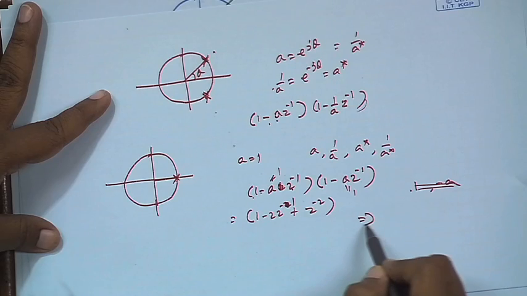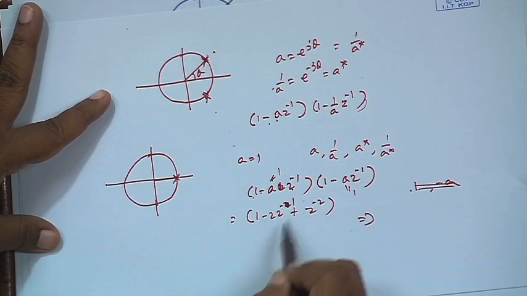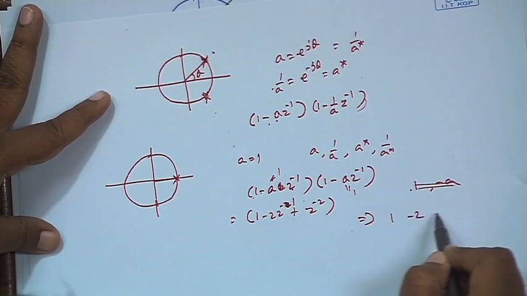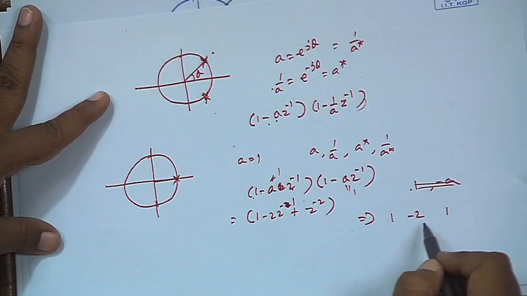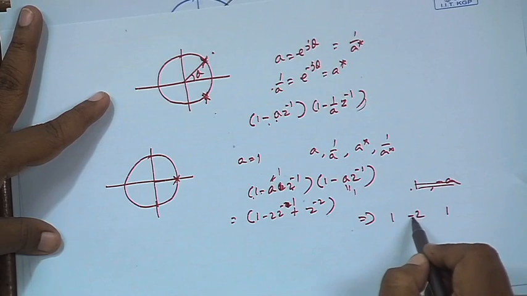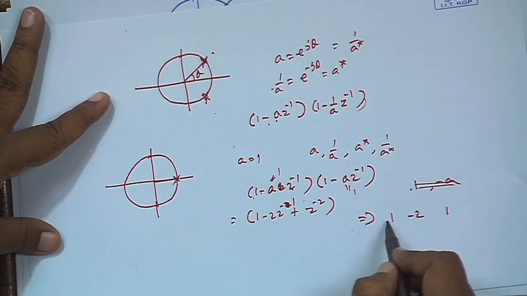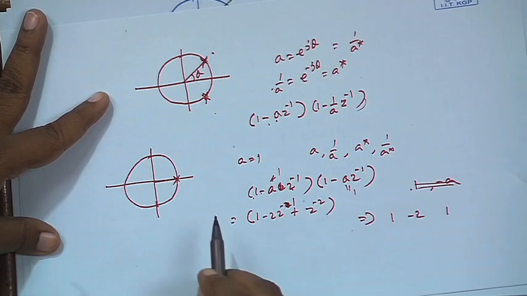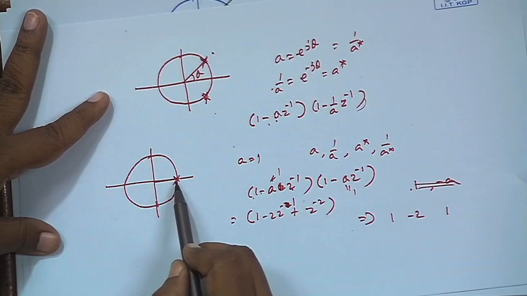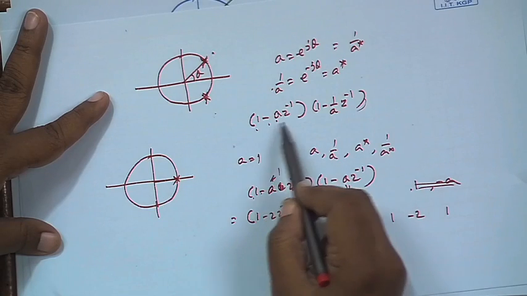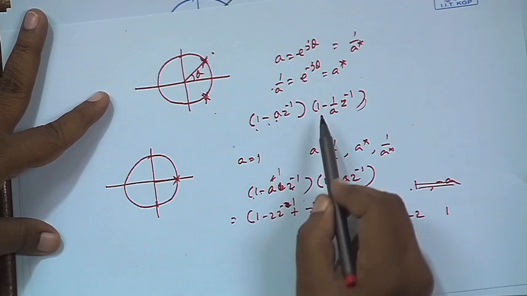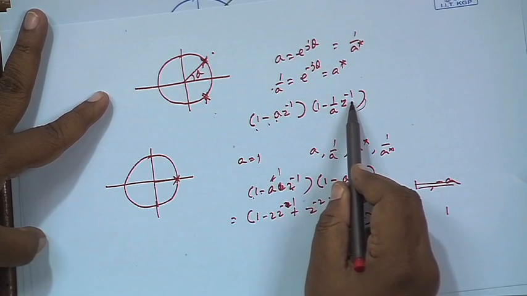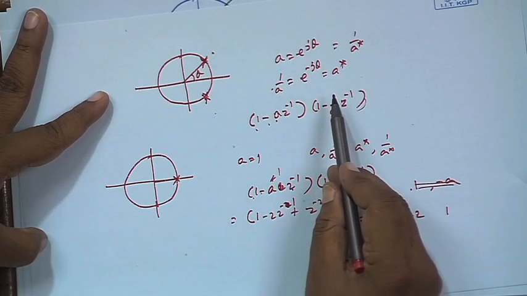So, this filter now has real coefficients and impulse response 1, minus 2, 1. So, length 3, there is a mirror here. This minus 2 is an independent element, to the left you have 1, to the right you have 1, so it is linear phase. So, in this case, if the zero is here, you cannot have just the 1 minus A z inverse term alone, there must be 1 minus 1 by A z inverse, so that the product is linear phase.